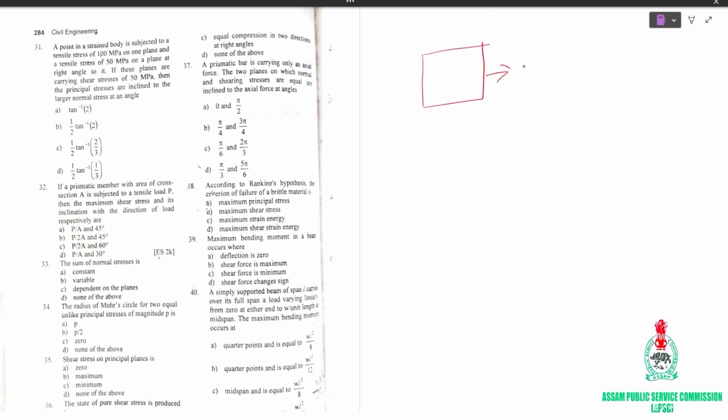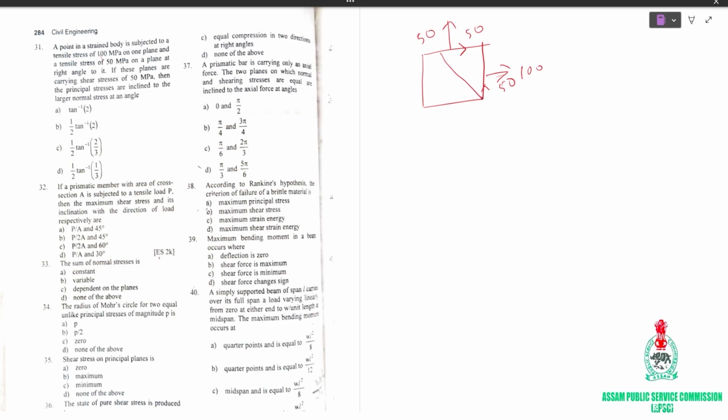Suppose here 100, 50, right? And what is the shear stress? 50, 50. Now you have to find the angle for which the principal stresses are acting, and what is the inclination of that plane with the larger principal plane.